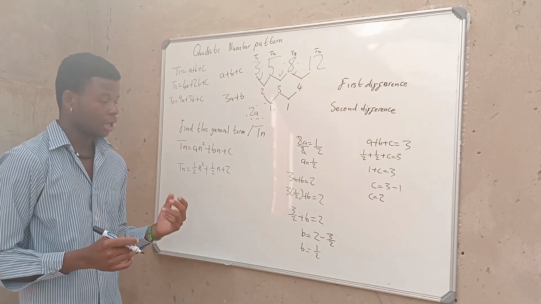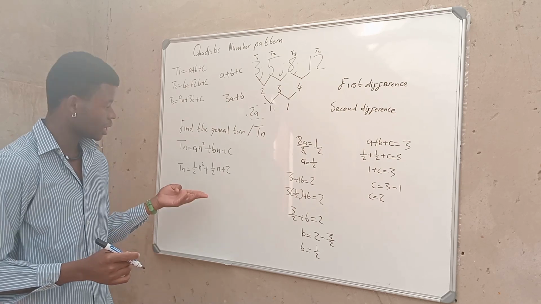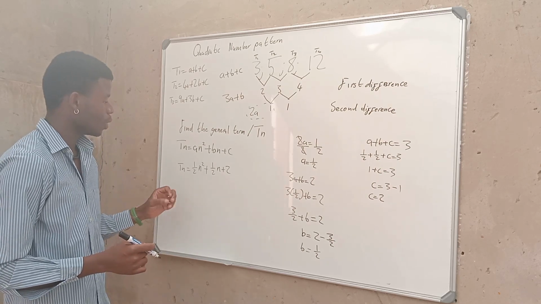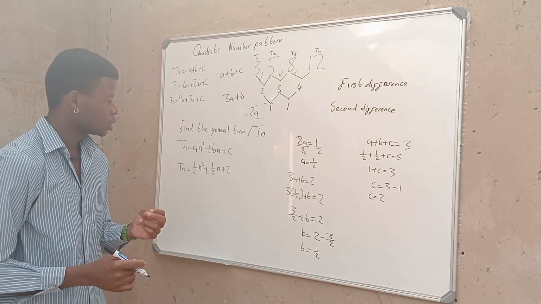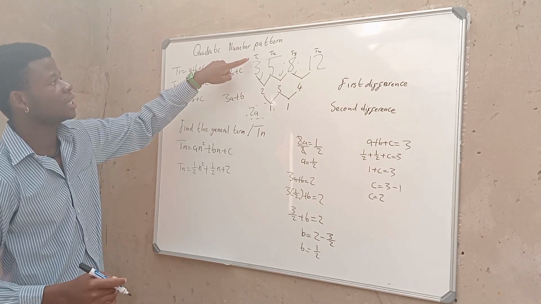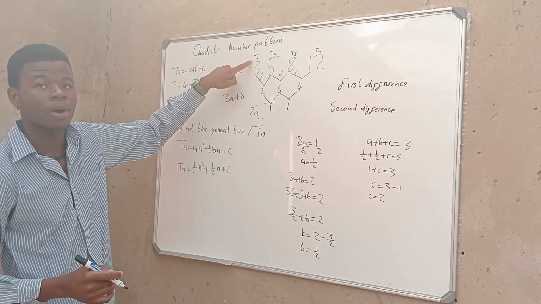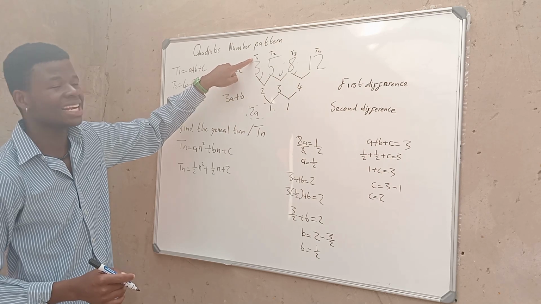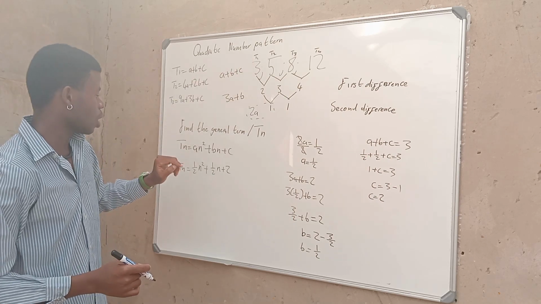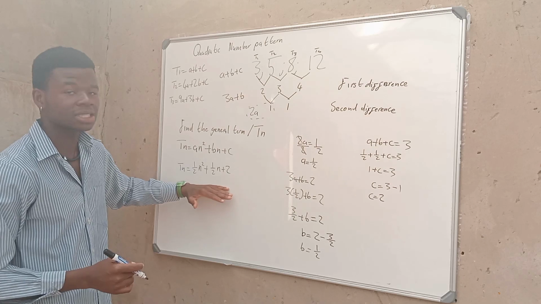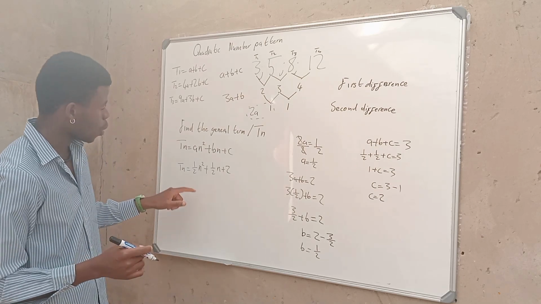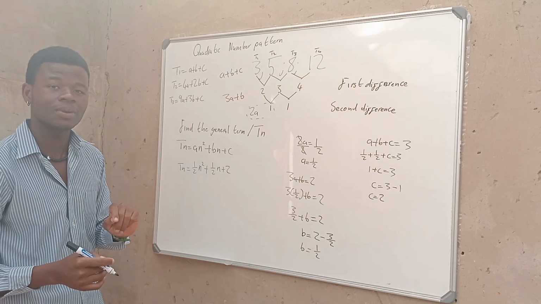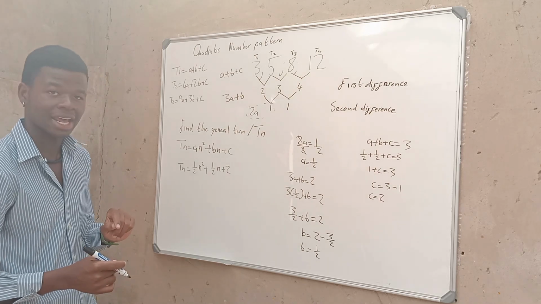So after you have finished writing your general formula, or your Tn, you are going to test it out. Do you see here it is term number 1? So when it is term number 1, to confirm whether your general formula is correct, you're going to substitute 1 where you see n, right?